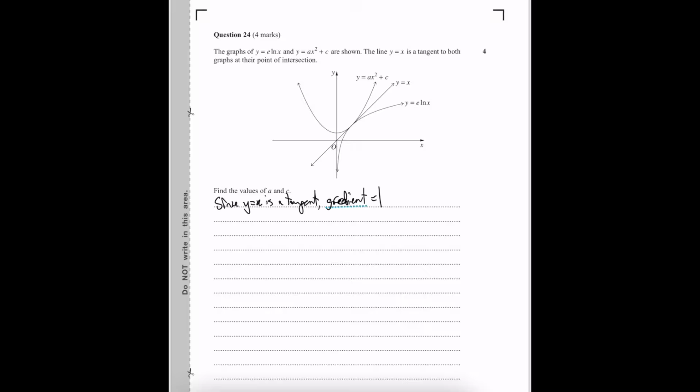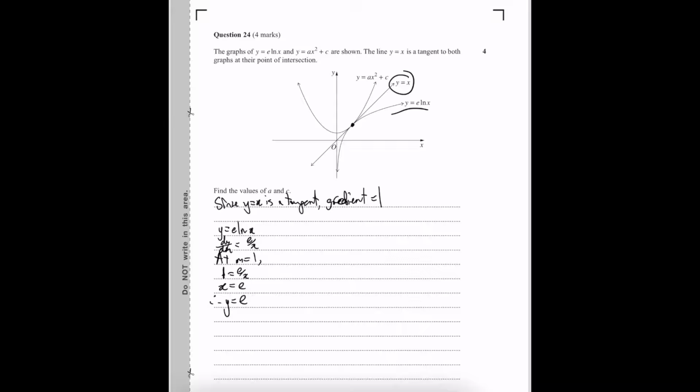So if we differentiate the curve y equals e ln x, that means dy/dx is equal to e on x, and we know the gradient is equal to 1, so that means 1 is equal to e on x, so we know that x is equal to e, and that means therefore y is equal to e, because this point is along the line y equals x.